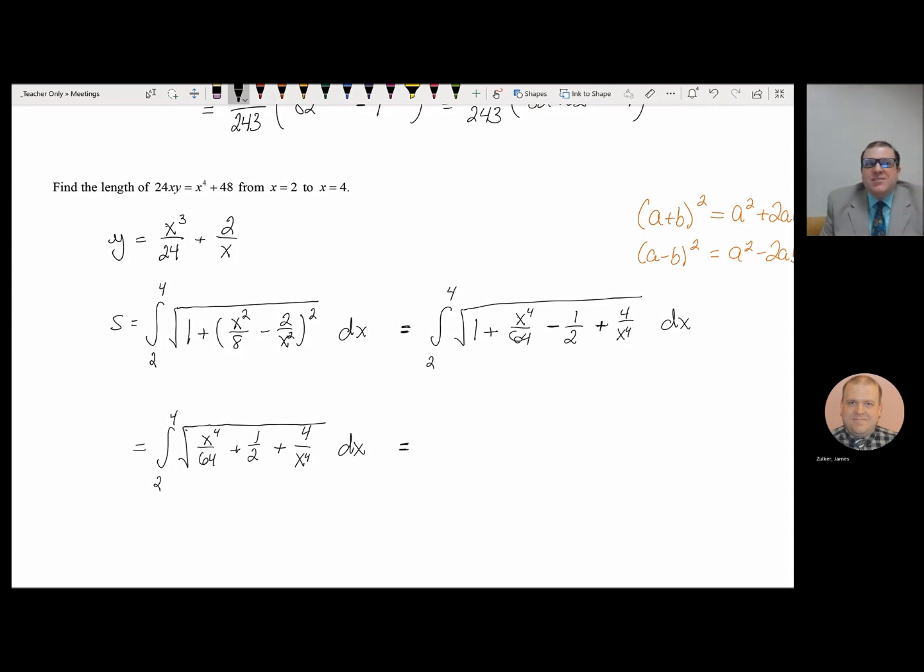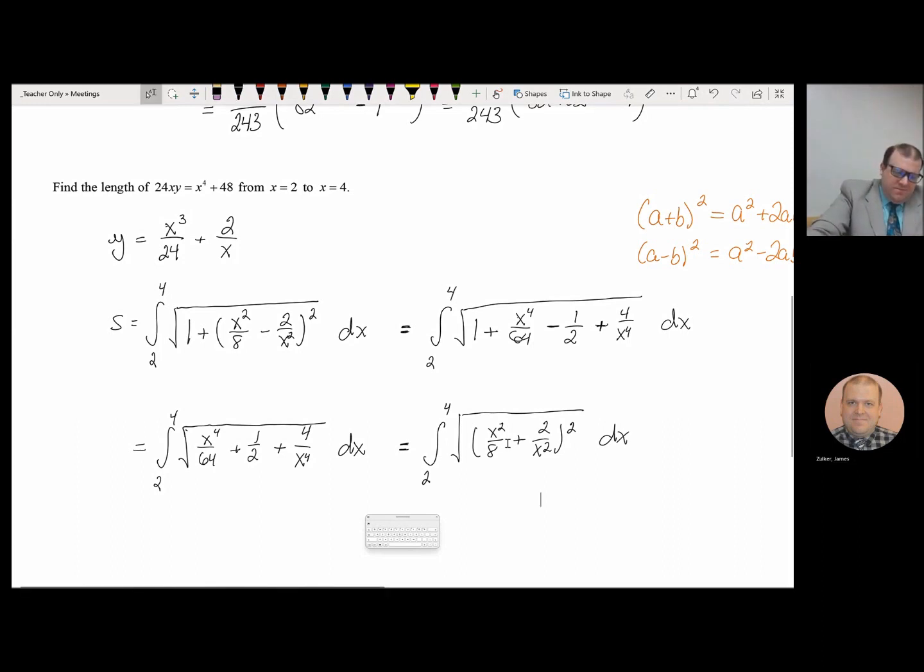But isn't that a perfect square? Isn't that x squared over 8 plus 2 over x squared all squared?